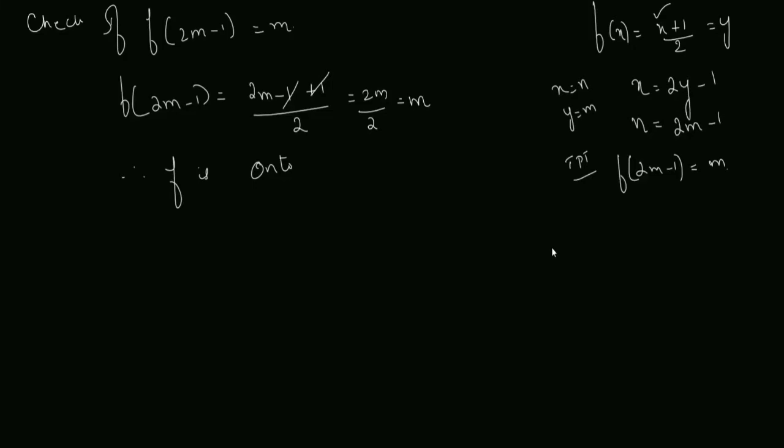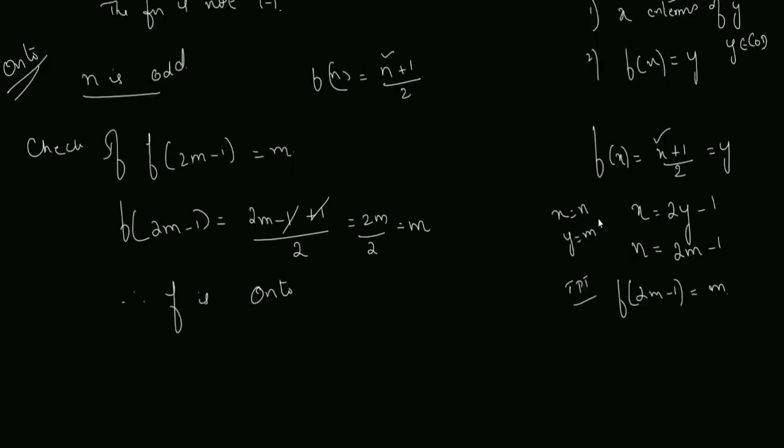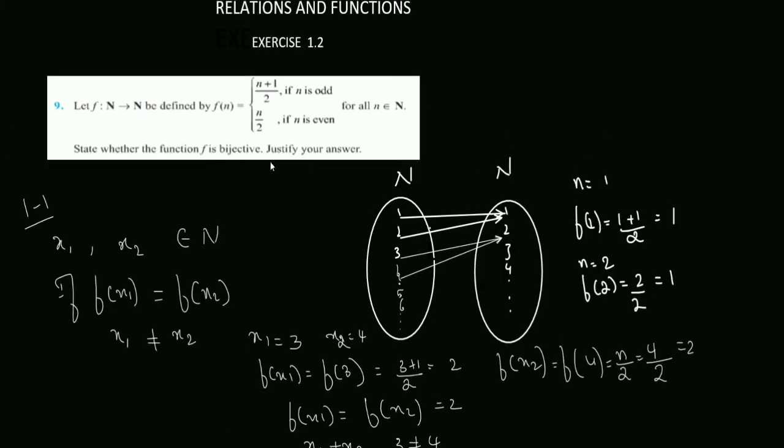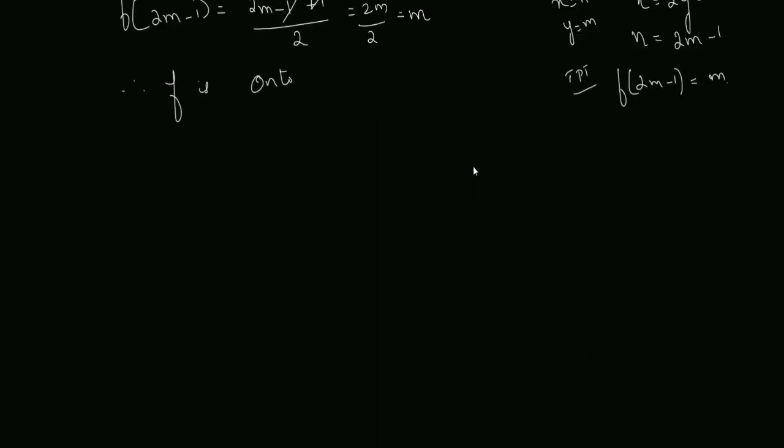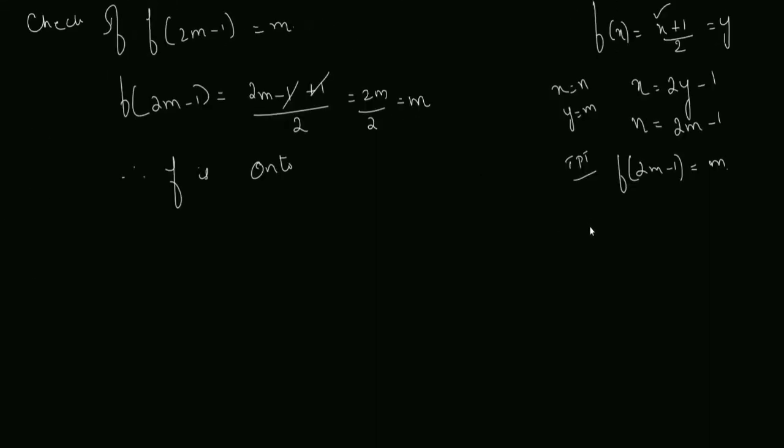Now we'll prove it for even numbers. For even numbers, f of n is given as n by 2. It is like f of x is x by 2.